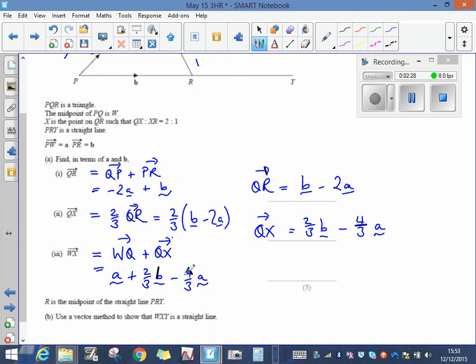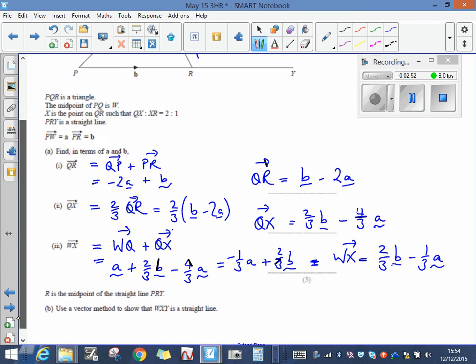A minus 4/3 A is minus 1/3 A, and then plus the 2/3 B. I'm going to swap that round and write WX is equal to 2/3 B minus 1/3 A.